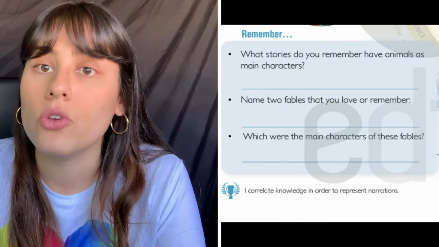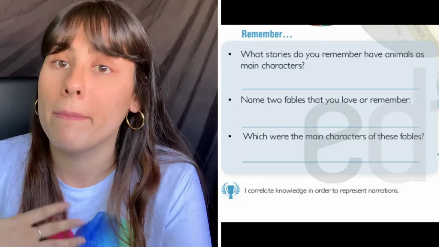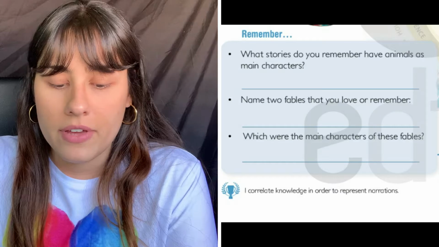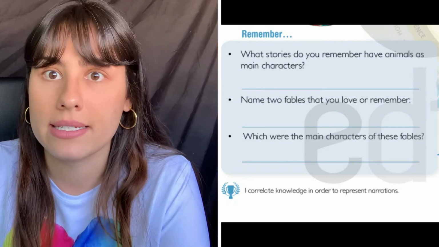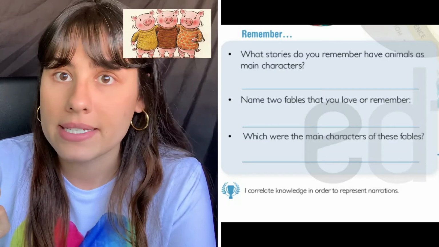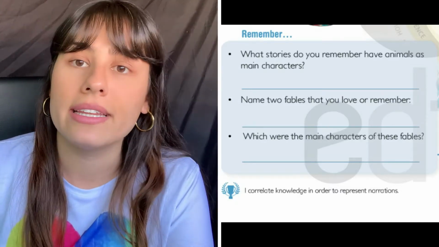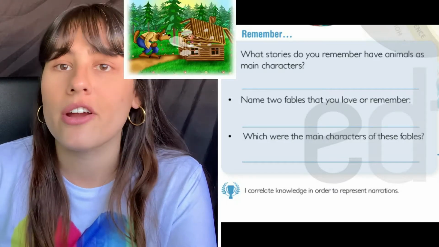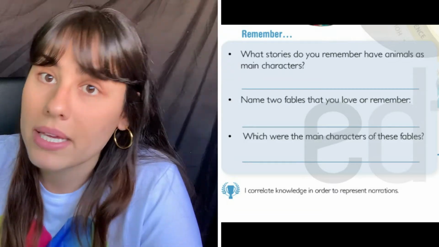Okay, I'm going to give you an example, but don't cheat and don't write down my example, okay? So, one fable that I remember is the 3 piggies. Do you remember that story where there are 3 pigs and each one of them lives in a different house, and then a big and brave wolf comes and blows until it destroys the houses of the pigs?